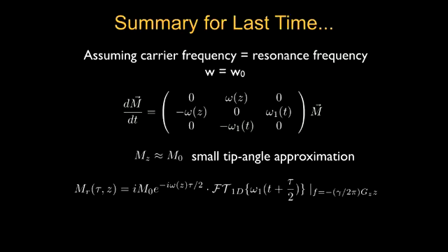For example, we may want a slice profile with a really sharp transition band but not care about the rippling artifact. Or we really want to suppress the rippling outside the band but don't care about the transition band, and so on. Depending on the situation, you can design the RF pulse for those desirable features.